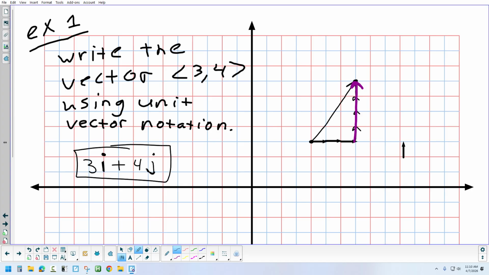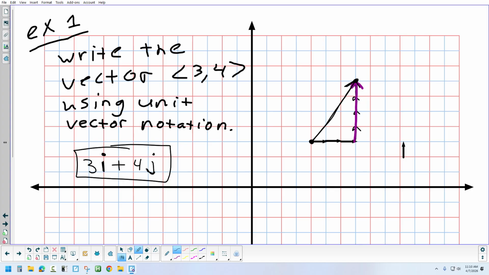And that is what we call the unit vector format. You're just explaining how many i's and j's you needed to stack together to build your vector. So now if you were to connect where you started to where you finished, this is kind of like what we did yesterday. We'd go from here to there, which is exactly the vector we were trying to build. 3i plus 4j.